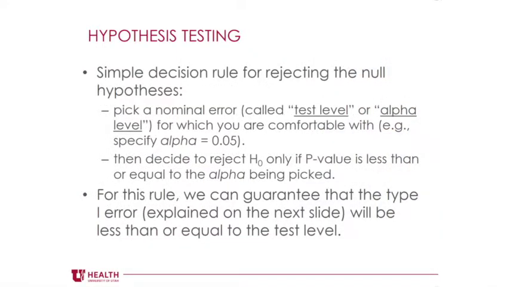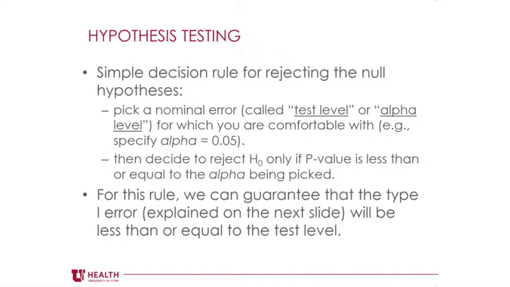First of all, the simple rule requires you to pick a nominal error, and this error is usually called the test level or alpha level. This is one which you are comfortable with. Usually, in general, the custom is to use 0.05 as the test level, and this is a very commonly used alpha value.